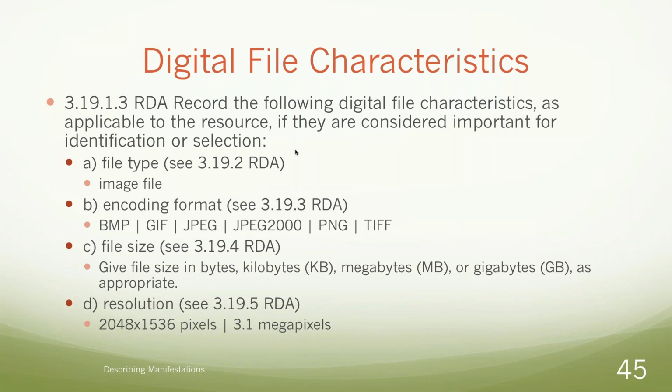So with your digital file characteristics, you want to make sure that you include the image, the file type, which would be an image file, the encoding format, which is probably going to be TIFF or JPEG, the file size in kilobytes, megabytes, or gigabytes, and if there is a resolution, then you would include that as well. So with the encoding format, file size, and resolution, you would supply that information when it is readily ascertainable.